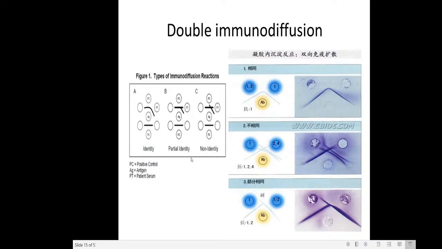First we need to make a thin gel on a glass slide. The immunodiffusion gel is readily available in the market. We need to make the gel on the glass, and on the gel we make round circles, the wells, at a particular distance.